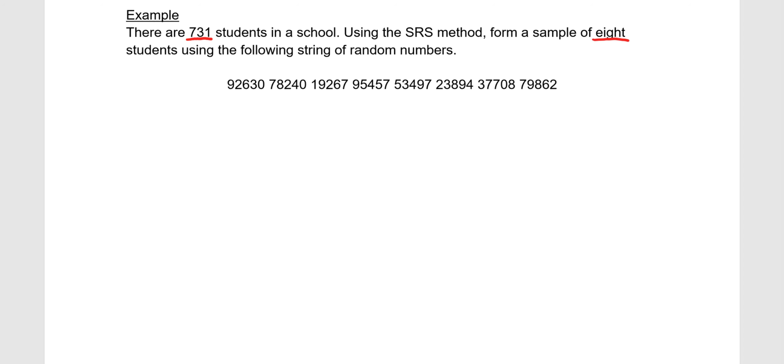What we need to do is assign numbers to the students, from 1 to 731. The trick to remember here is that since 731 is a 3-digit number, that means 1 has to be a 3-digit number as well. So 1 written as a 3-digit number is going to be 001.